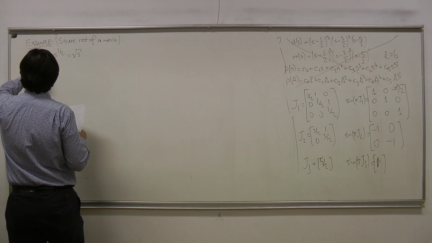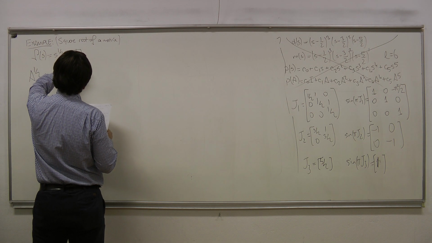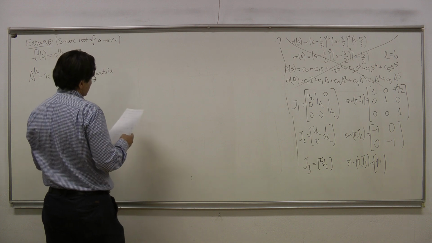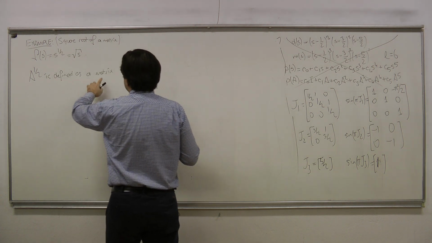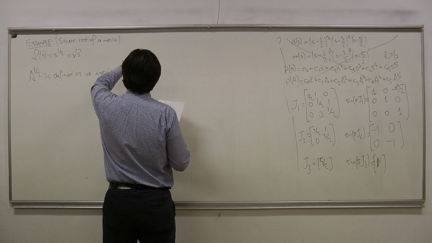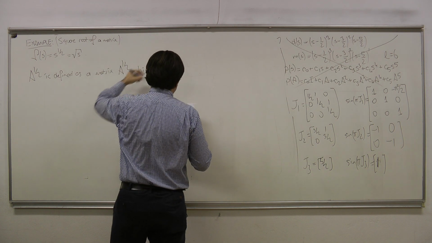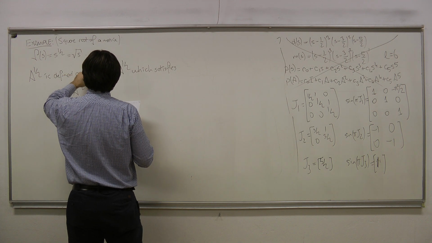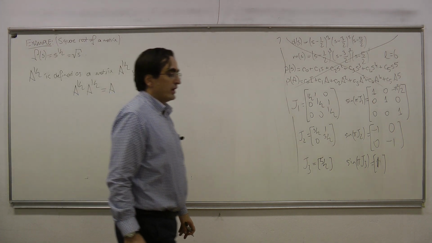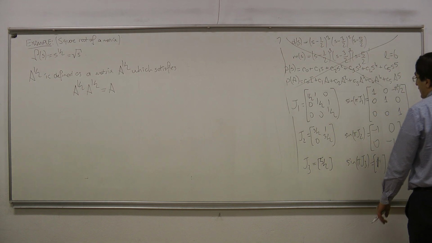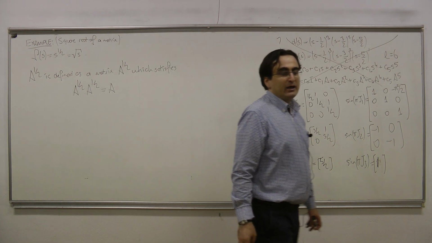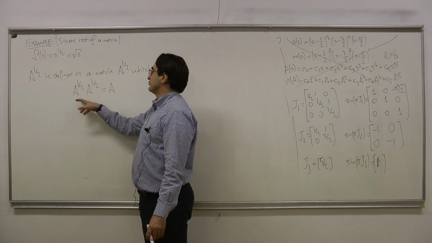A to the 1 over 2 is defined as a matrix which satisfies the following equation: A to the 1 over 2 times A to the 1 over 2 is equal to A. So when trying to find the square root of a matrix, I need to find a matrix, shown with this notation A to the power 1 over 2, that satisfies this relationship.